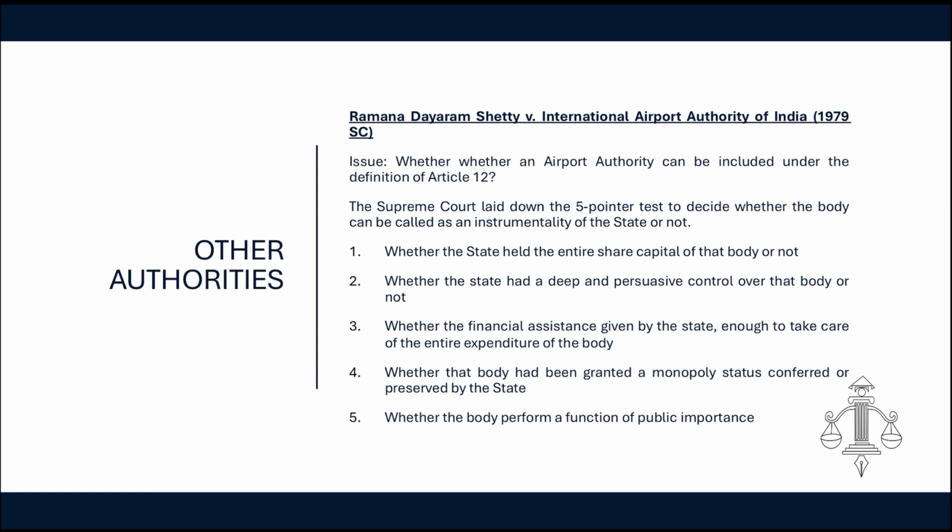Tenders were invited for setting up of restaurant and 2 snack bars. 2 specific conditions had been laid down that only second-class hoteliers could apply for the tender, and secondly that these second-class hoteliers must have at least 5 years of experience in that business. ये condition लगाई गई 2. It was in this case that the Supreme Court laid down the 5-pointer test to decide whether the body can be called as an instrumentality of the state or not, right?